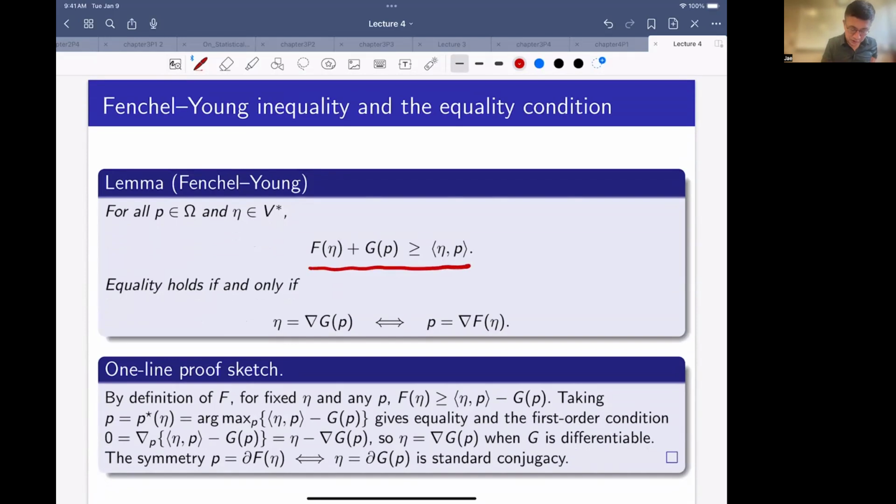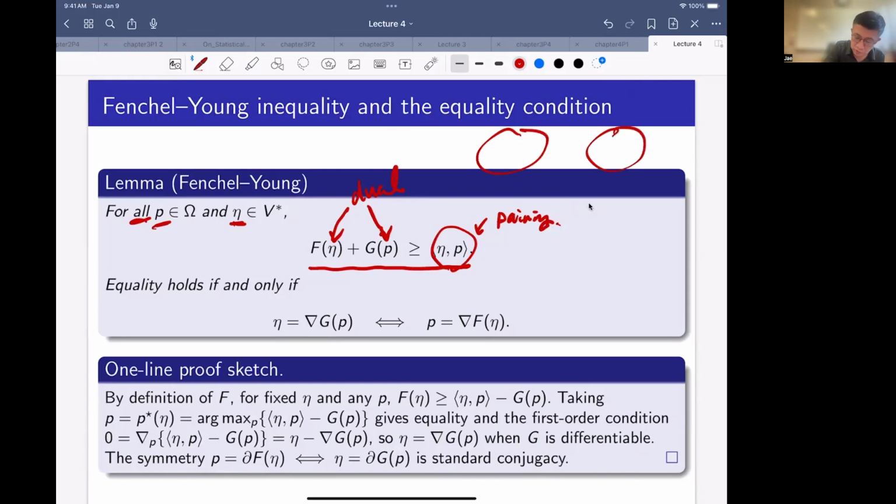Notice that we have two different parameterizations, a dual parameterization. One is eta, the other one is p, and this is a pairing. So we have a two coordinate system, one using p, the other using eta.